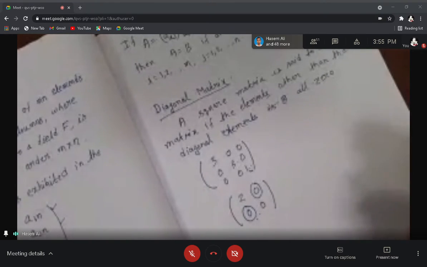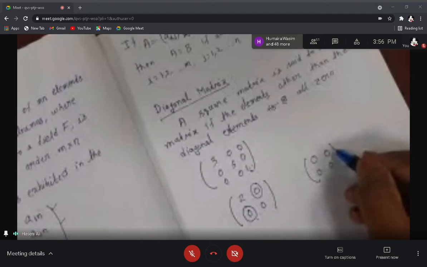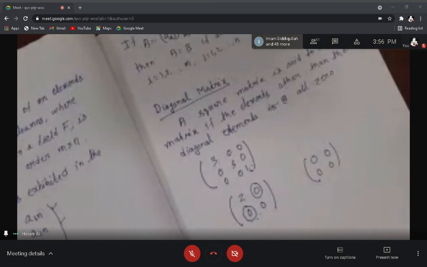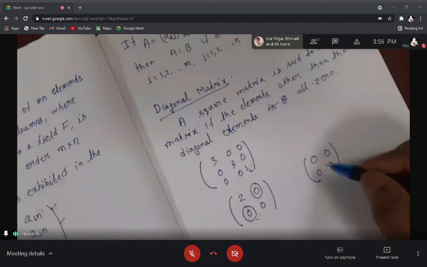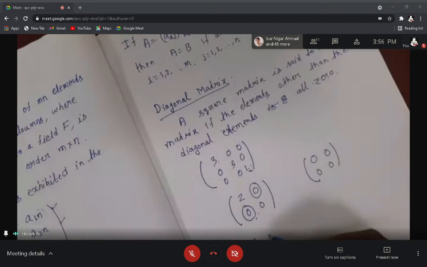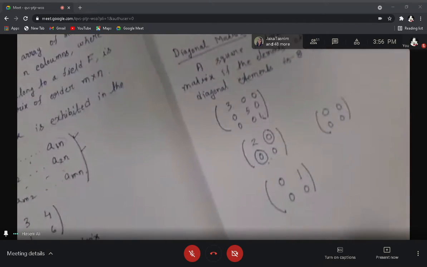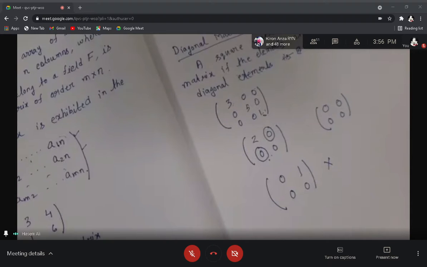So this is a diagonal matrix. Also, this matrix of all 0s is also a diagonal matrix. The condition is that all the non-diagonal elements are 0, but this one is not. Is it clear?